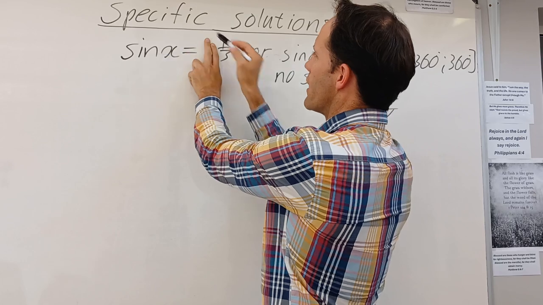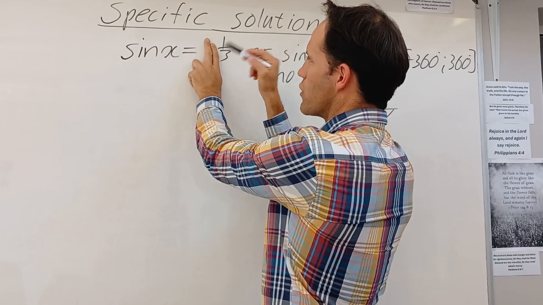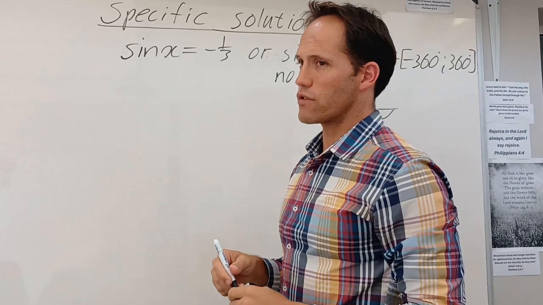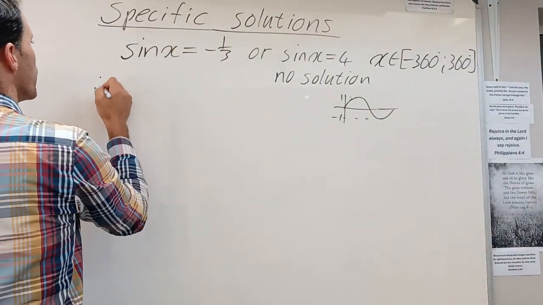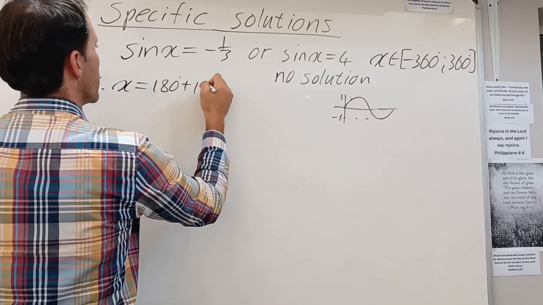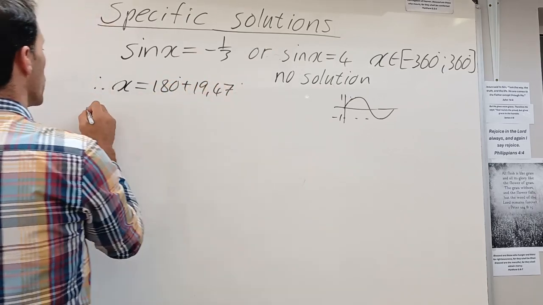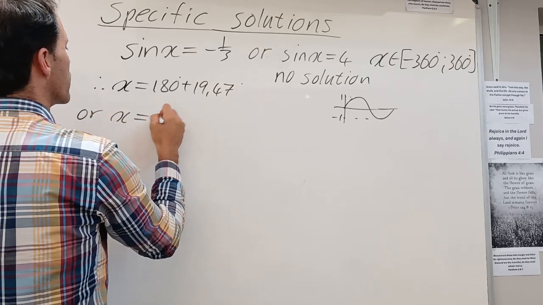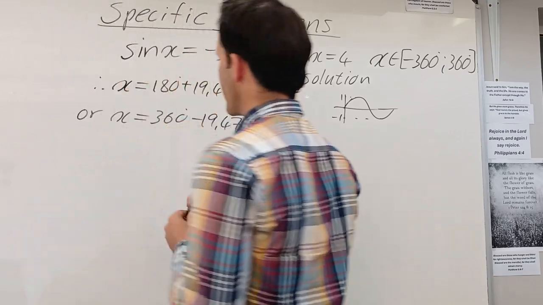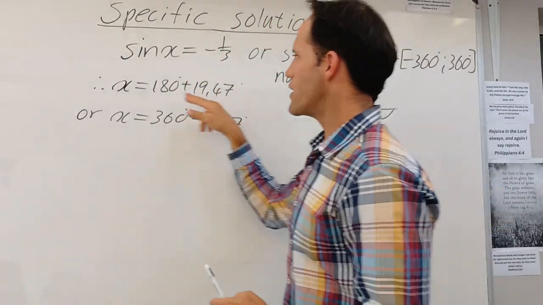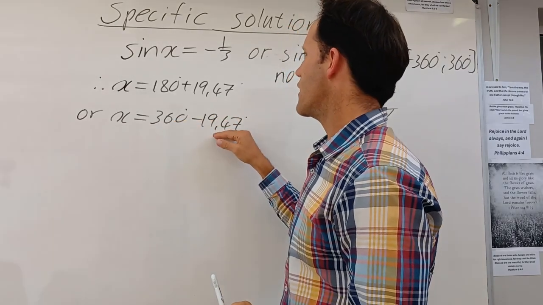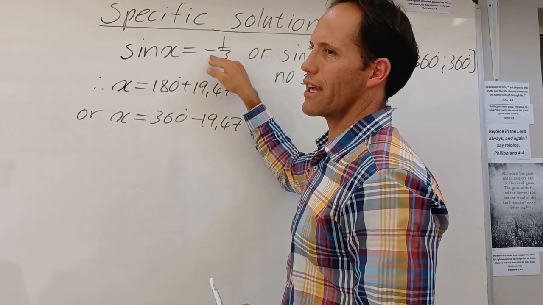We just check what is sine to the power negative 1, or shift sine on a calculator, 1 over 3, and you get 19.47. So therefore x will be 180 plus 19.47, or x will be 360 minus 19.47. That's my two options. Third quadrant, 180 plus theta. Fourth quadrant, 360 minus theta. That's where it's negative, and it needs to be negative.